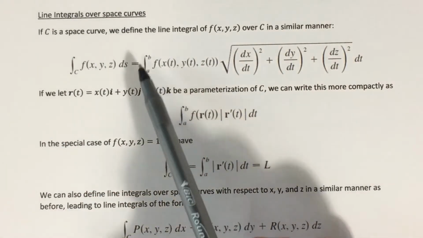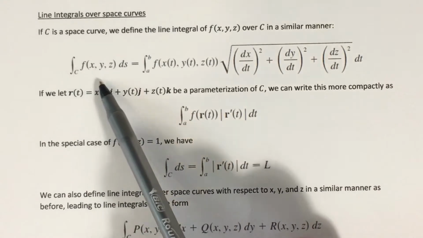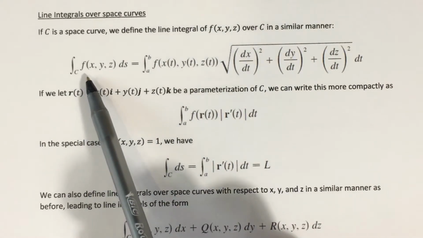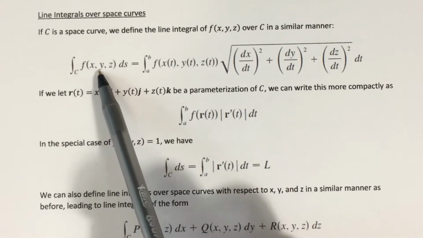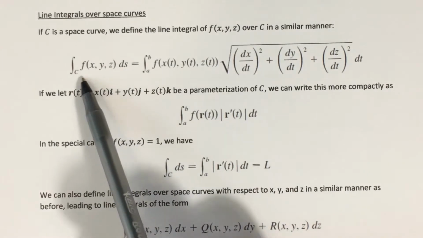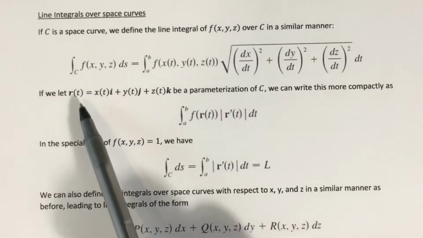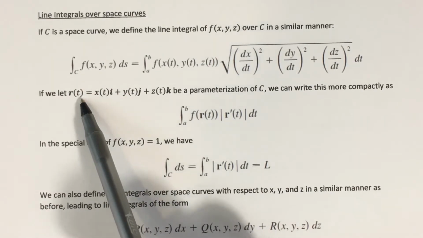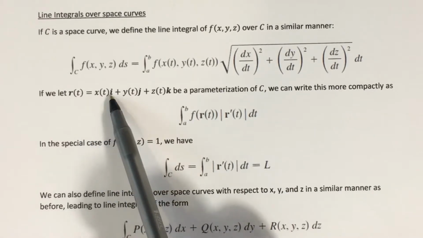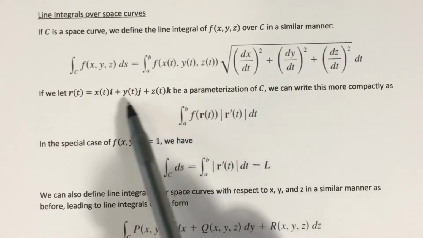Well, we define things very similar to how we define them in the case of a plane curve. The line integral of f of x, y, z ds over the space curve C, and I'm going to assume that the space curve is given parametrically in this form: r of t equals x of t i, y of t j, z of t k.